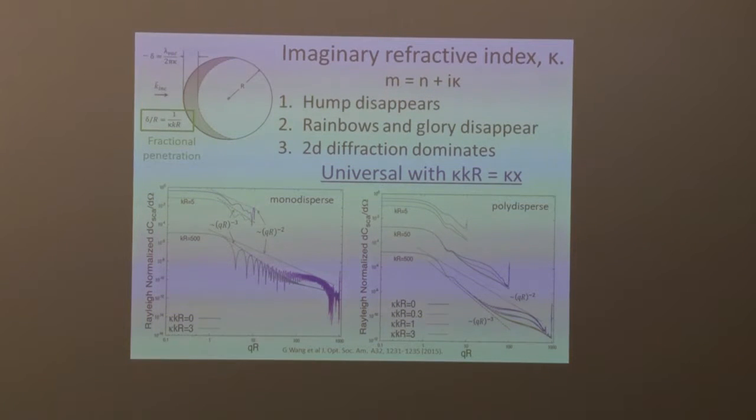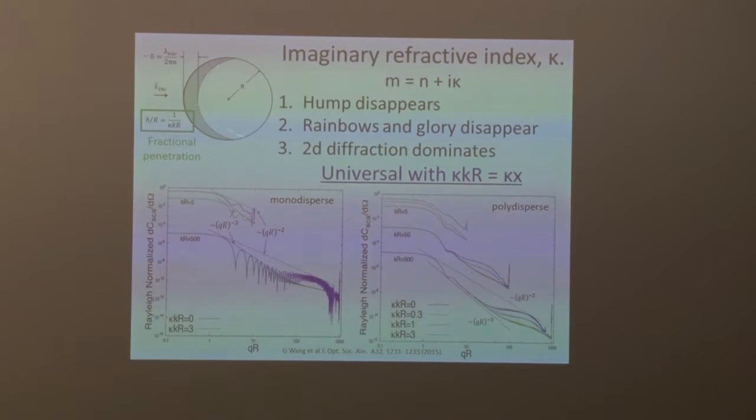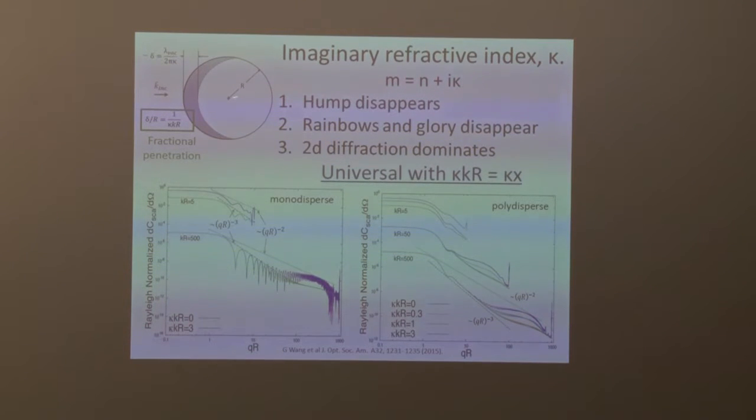So let's repeat. If kappa KR is 0, this ratio is infinite, and the light is illuminating the sphere just like it would under any Mie situation. If kappa KR is 3/10, the inverse of that is 3. That means the penetration depth is still 3 times the radius, so there's some attenuation in here, and sure enough, we're starting to see the effect.